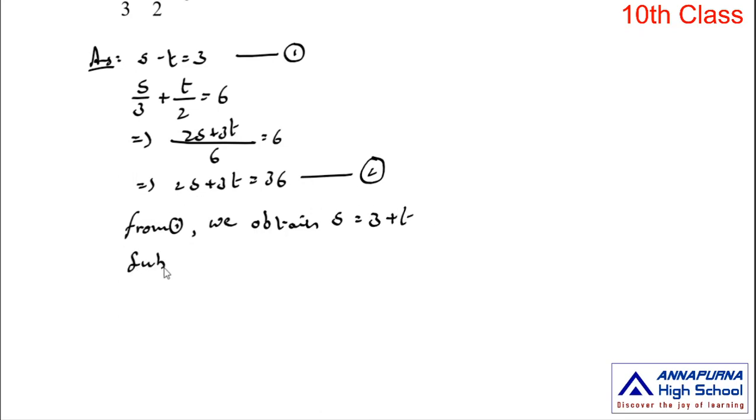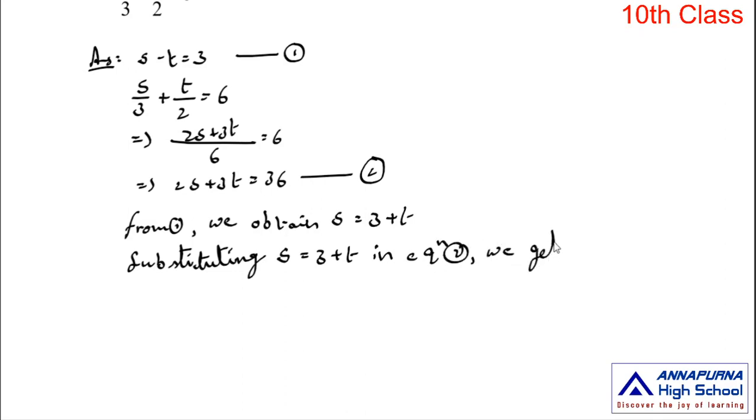Now substituting s is equal to 3 plus t in equation 2, then we get, here I am presenting this s value from the first equation, so that's why I substitute this s value in the second equation.